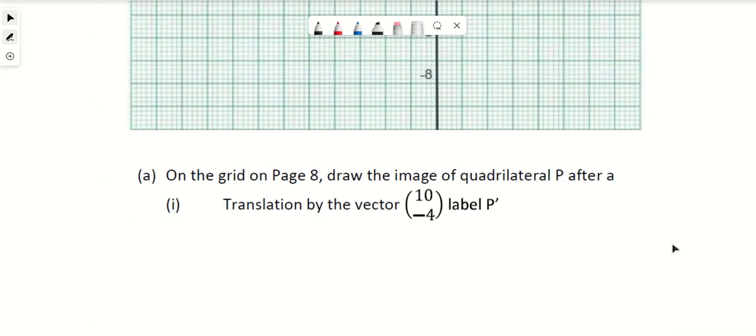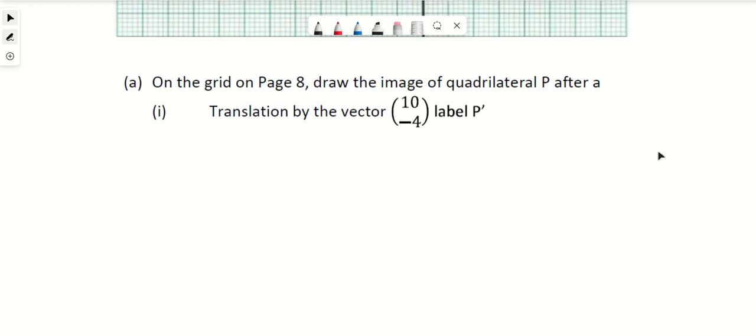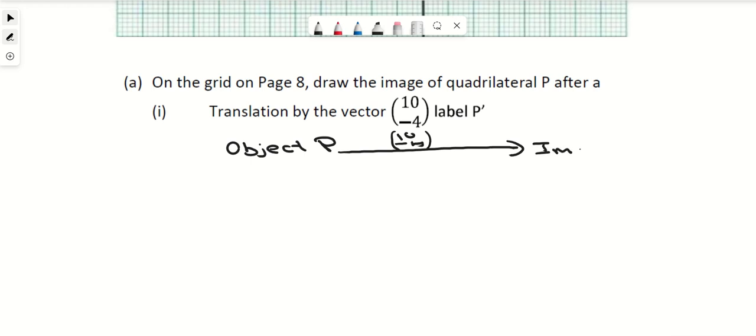So what I mean by that is I'm going to have object P translating by (10, -4), translating, the next word to translating is a slide, right, to image P.